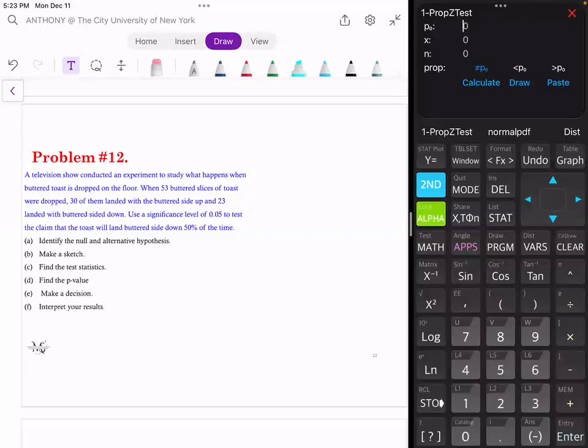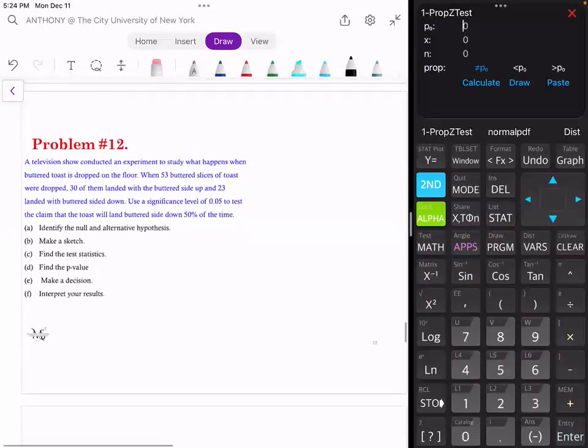When 53 butter slices of toast were dropped, 30 of them landed with the butter side up and 23 landed with the butter side down. Use a significance level of 0.05 to test the claim that the toast will land butter side down 50% of the time. So there's 6 parts to this problem, and we're going to do all of them.